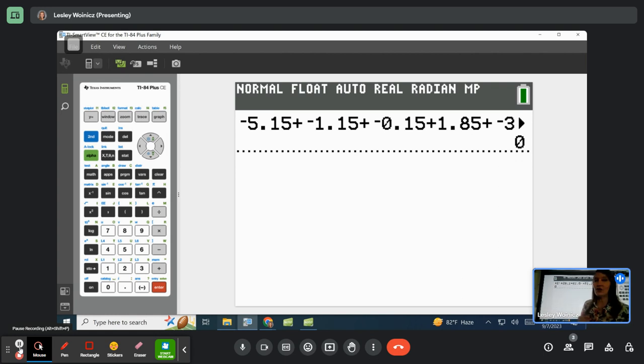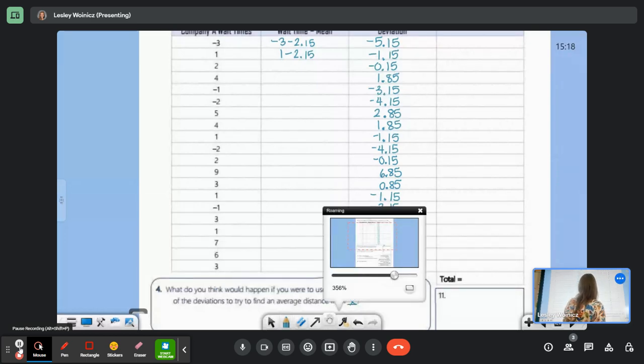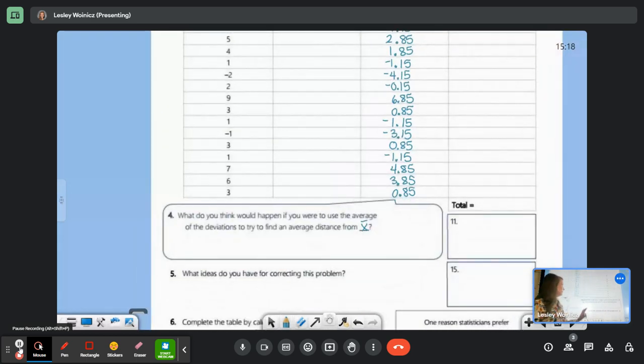So put that in your own words. Why can't we add them all up and divide by 20? In the little speech bubble box, number 4, x bar.